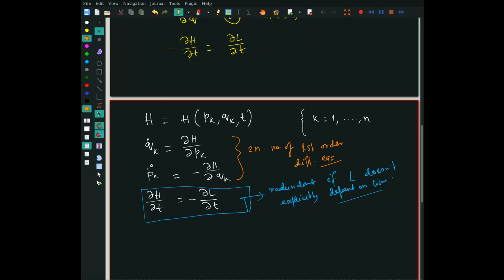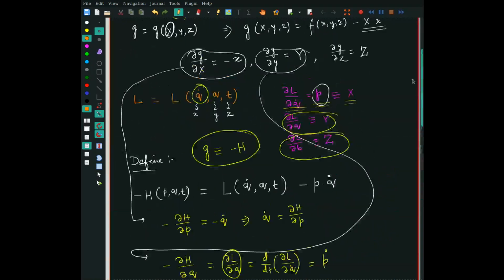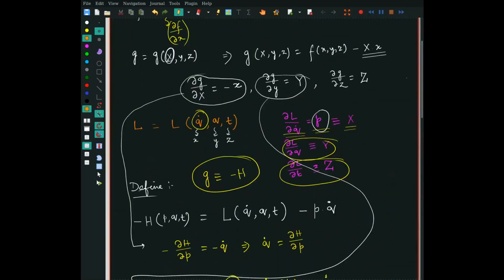But that is not the advantage of Hamilton's equations. Hamilton's equations have other advantages, which I will come to in the later part. But first, I want to point out a couple of subtle things. In this formalism of introducing the Hamiltonian, I never used L to be written as T minus V. I never talked about kinetic energy and potential energy.